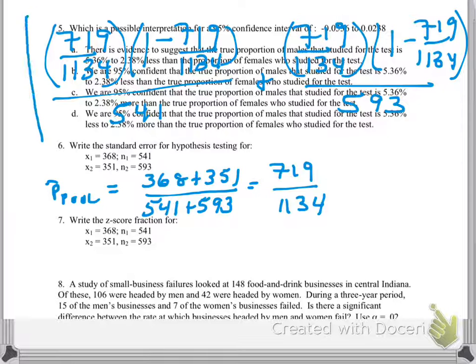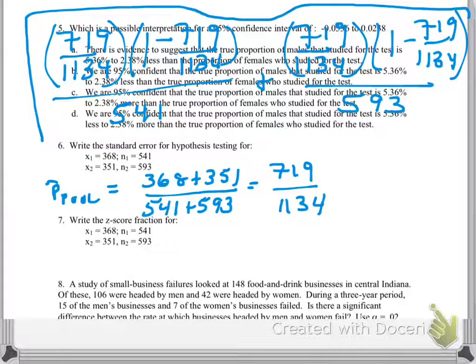And don't forget to take the square root of everybody. Now, instead of doing the 1 minus, you could just take the absolute value if you subtract the numerator from the denominator, and you can use that too. But anyway, that's the answer to number 6.